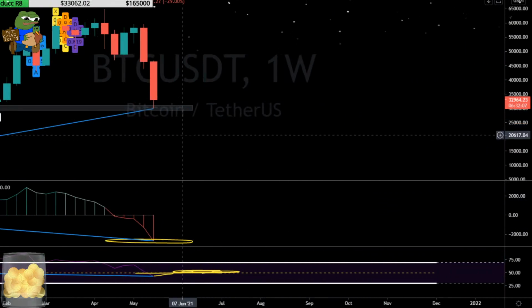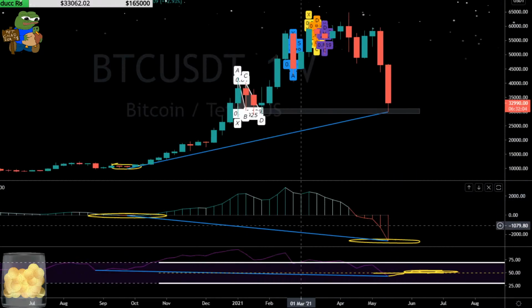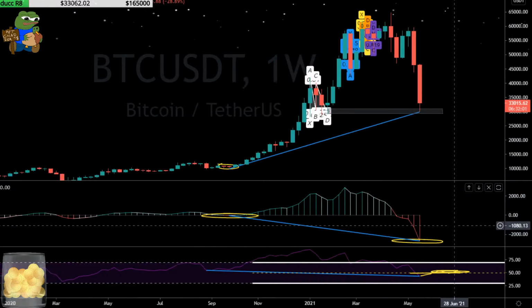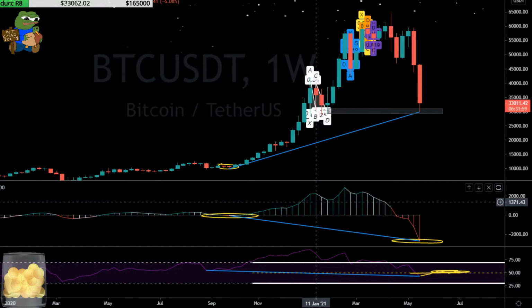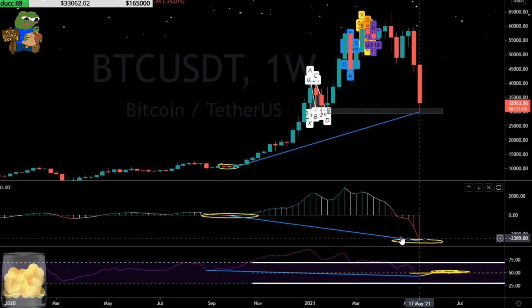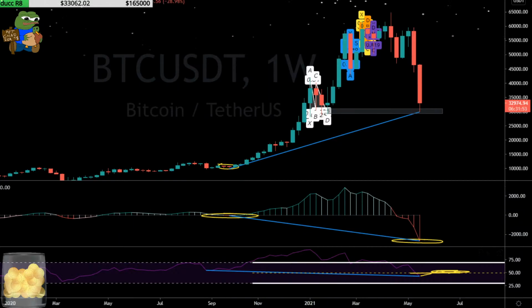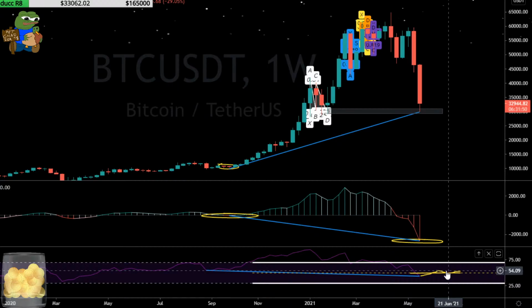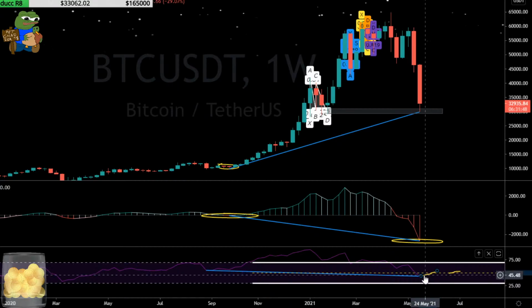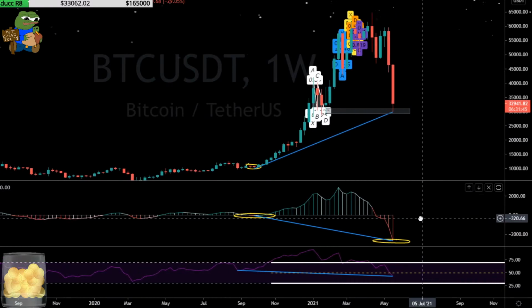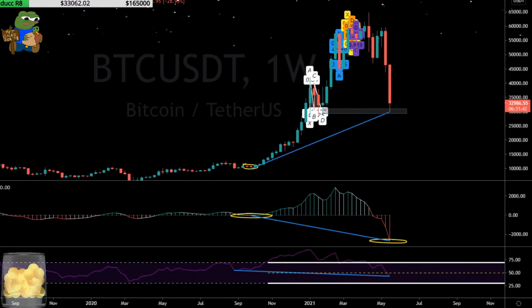So we need to see this turn, okay? But yeah, it's kind of an interesting one because hidden bullish divergence is kind of one of the good ones because it's really hard to identify, and most won't identify it, so it makes for good trap areas.